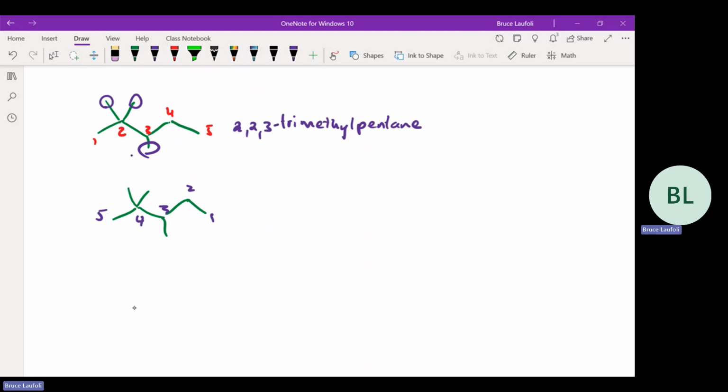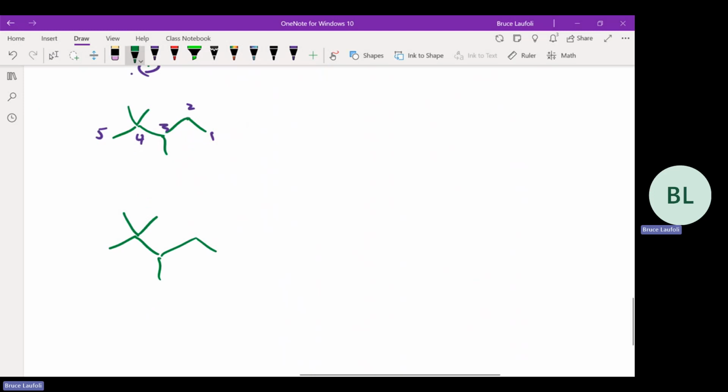And let's look at another easy example. Let's go over here. So let's label again, 1, 2, 3, 4, 5. And this time we have a methyl group here, a methyl group here, and we actually have an ethyl group here, going this way.